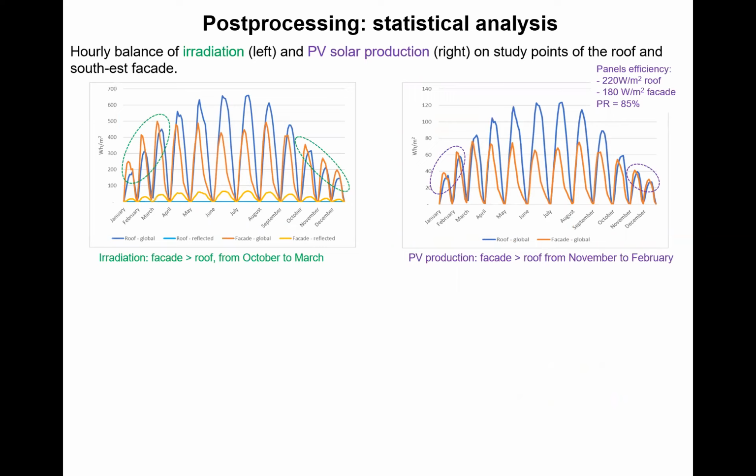We compared the global energy on facade and on roof, and you can see that during the winter, from October to March, we have more irradiation on the facade than on the roof. But of course, in terms of electricity production, this superiority is a bit reduced because the efficiency of panels on facade is less than on roof. But even so, from November to March, we still produce more electricity.